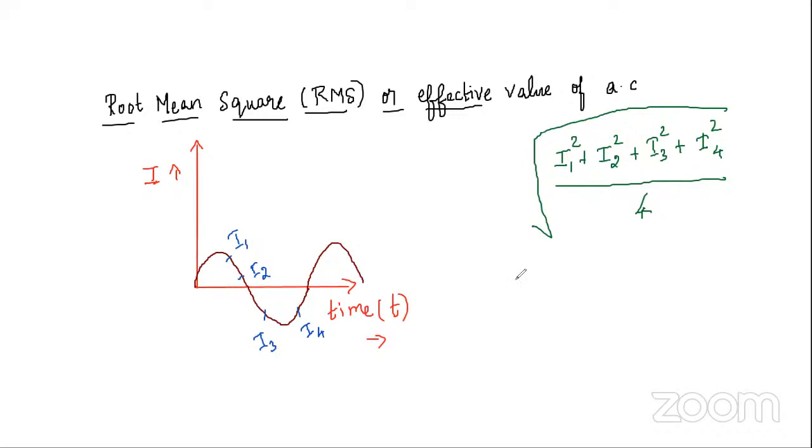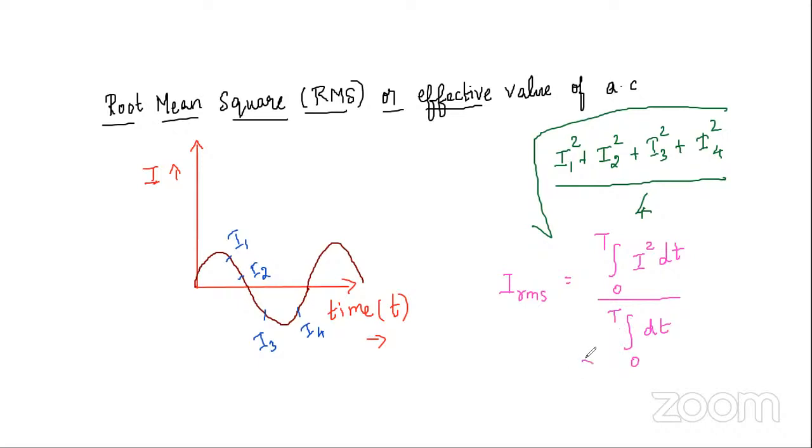And mathematically, how can you express this root mean square value? That is very important. Here, I_RMS is equal to the square root of integral 0 to capital T of I squared dt divided by integral 0 to T of dt.